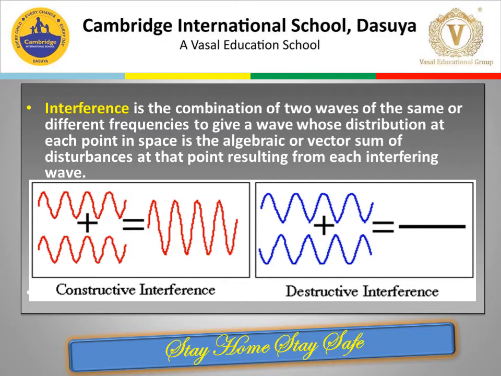In constructive interference, the two waves combine to give a resultant wave whose amplitude becomes greater than either of them. And in destructive interference, the two waves combine to give a resultant wave whose amplitude is less than the individual waves.